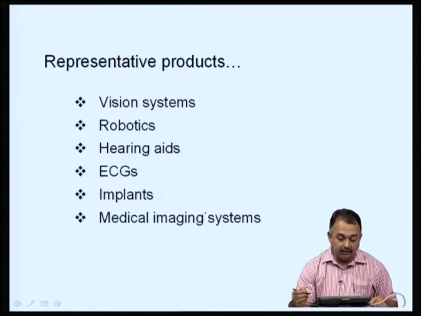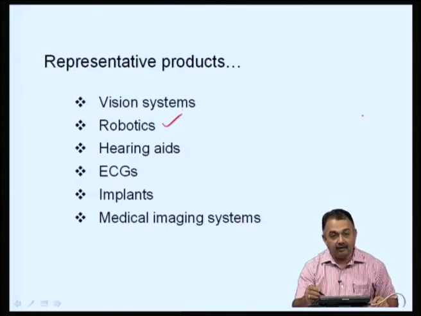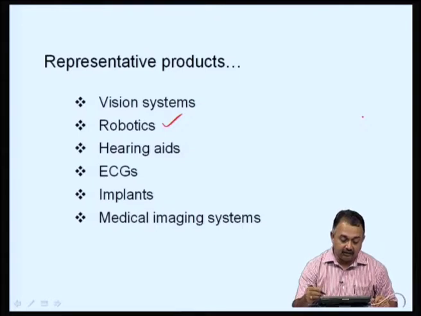Other products can be in the health sector, vision systems, robotics. You have seen that today medical surgery and medical care has evolved, and new products using robotic surgery, even online distant help based surgery, is now being carried out.